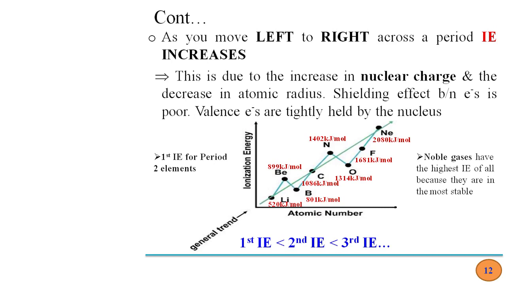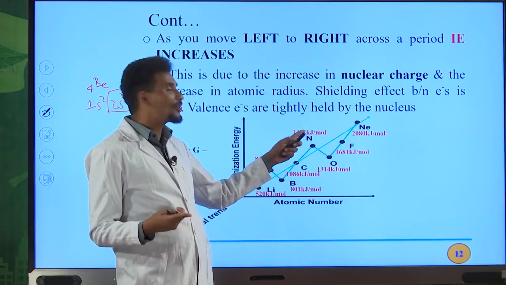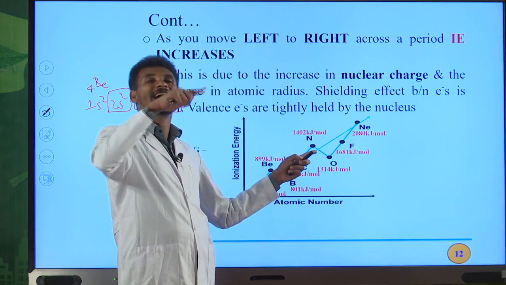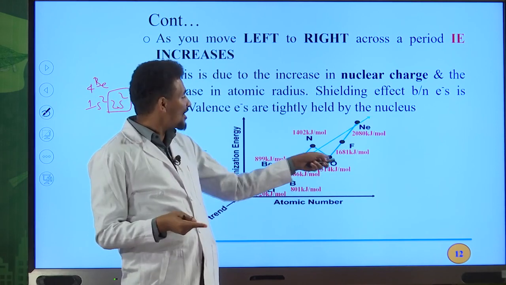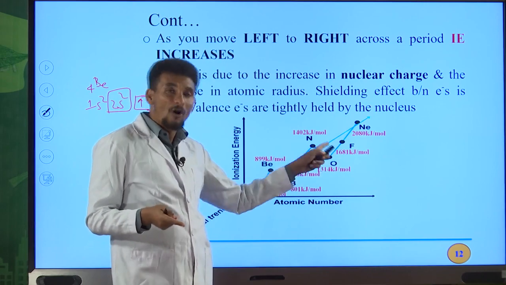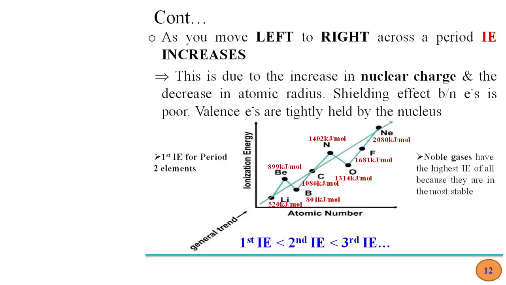In a similar manner, when you compare the ionization energy of nitrogen and oxygen, the electron configuration for nitrogen ends at p3. So this is half filled. But oxygen is p4, and it is easy to remove an electron from oxygen when compared with nitrogen. This is the reason.